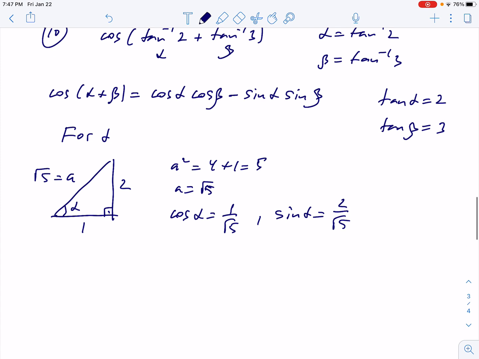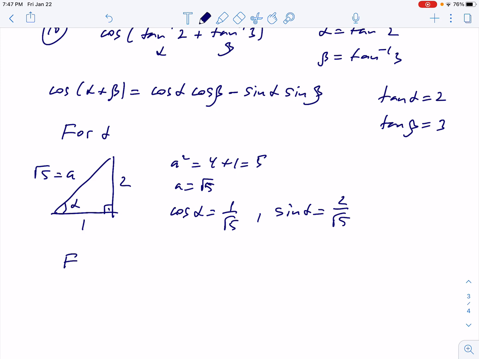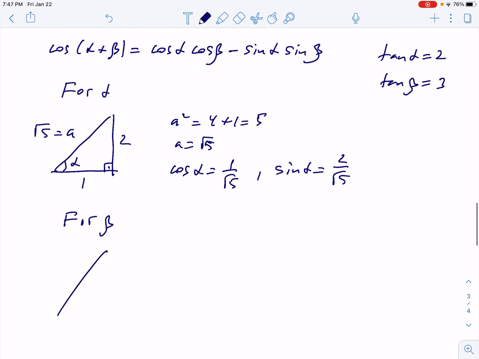We shall do the same with beta. Again, drawing a triangle, and it doesn't need to be very precise. We can see the beta to be here down on the left corner, and we model tangent beta is 3, so we put 3 on that side and 1 below.